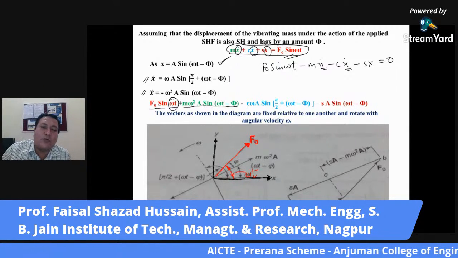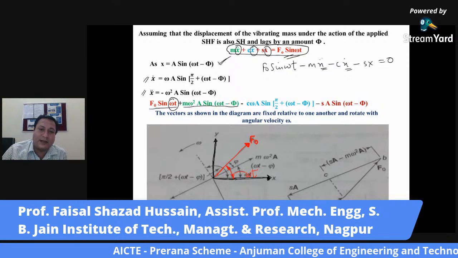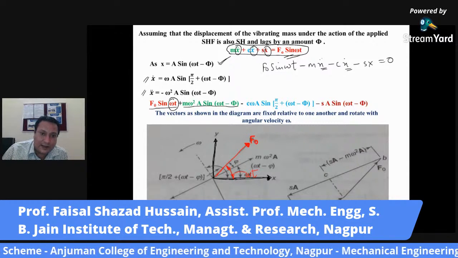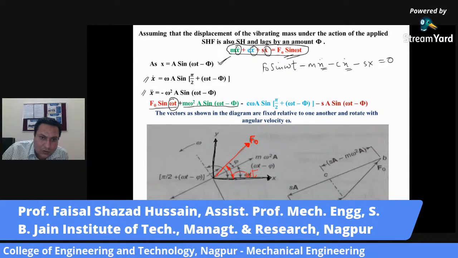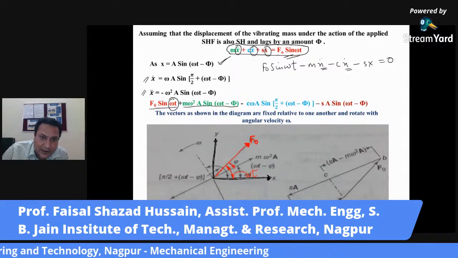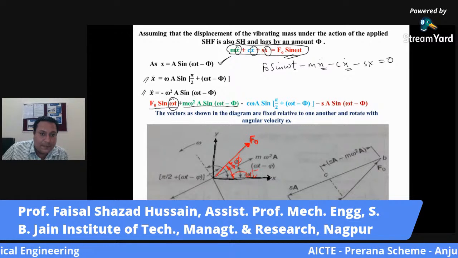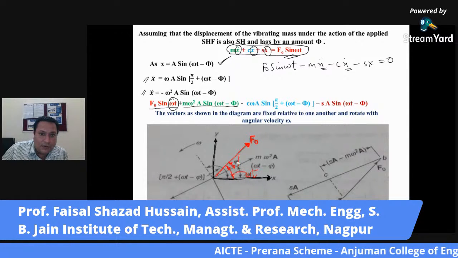Now the second is m omega square A sine omega t minus phi. So the phase lag is phi. This angle is your phi. I will try to draw with another color.